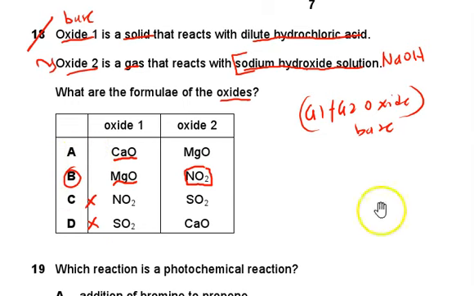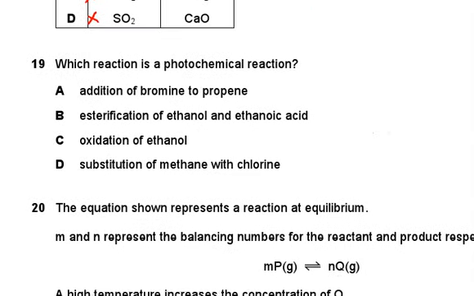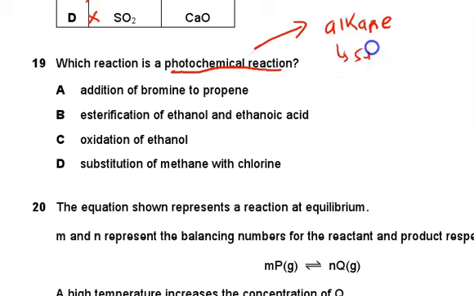Now let us look at number 19. Which reaction is a photochemical reaction? The photochemical reaction here will be under alkane, the substitution reaction.